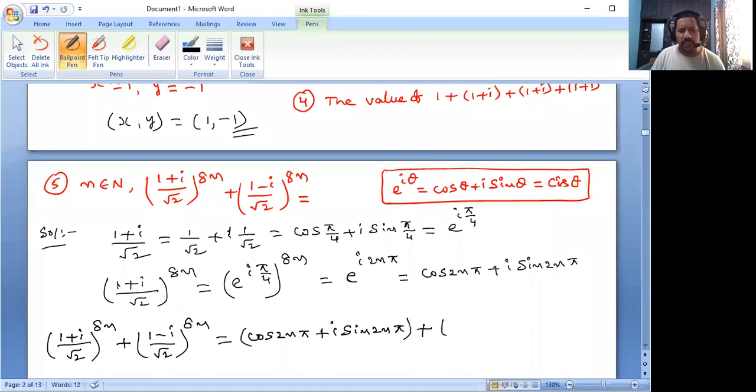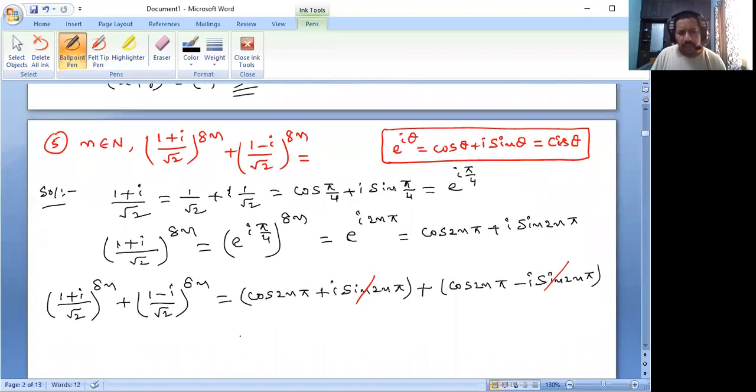Observe what is the difference between both? Just minus. Here also you can write cos 2n pi minus i sine 2n pi. See the calculation here. These two terms cancel. Then what is the remaining part? 2 cos 2n pi.